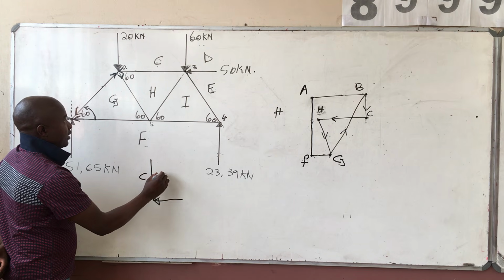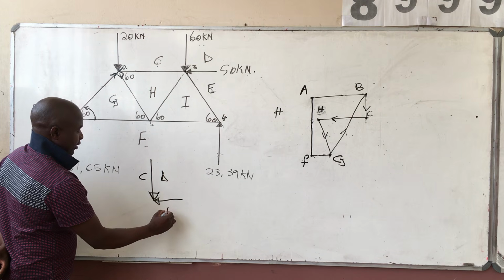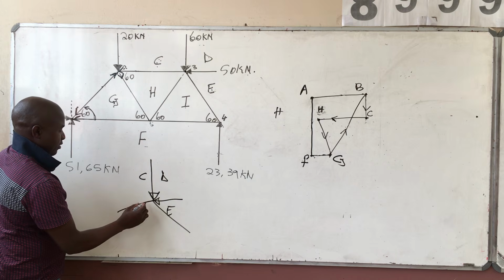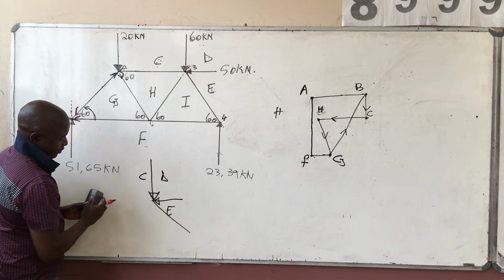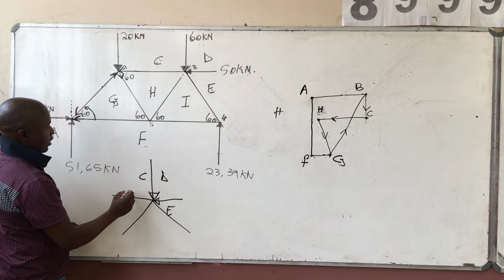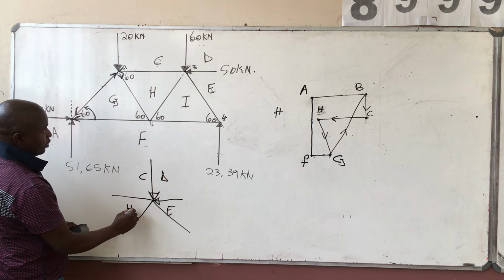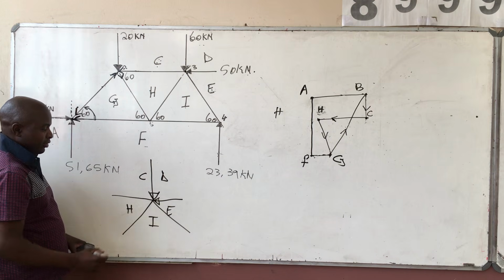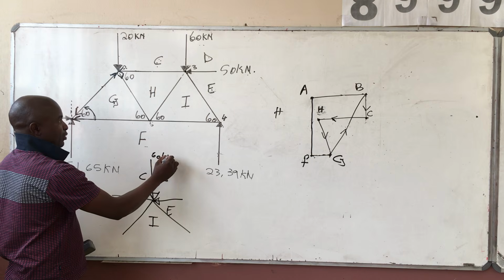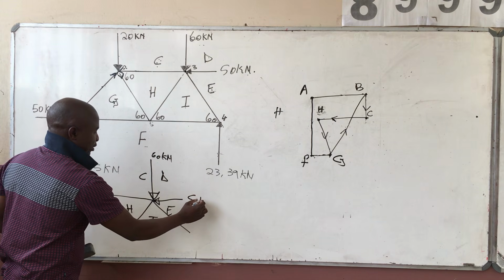This is C, D, E. So here we have H and I. 60 kilonewton, 50 kilonewton.